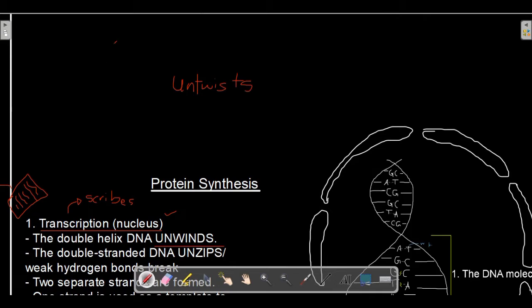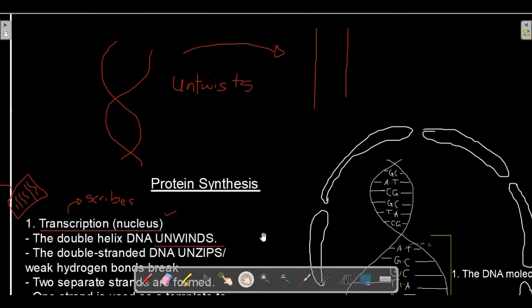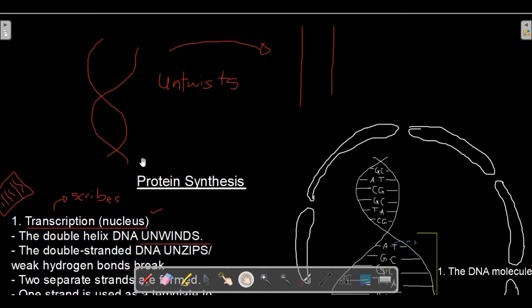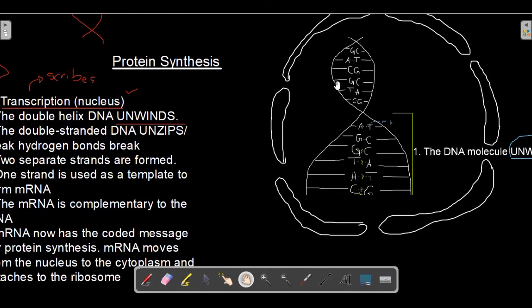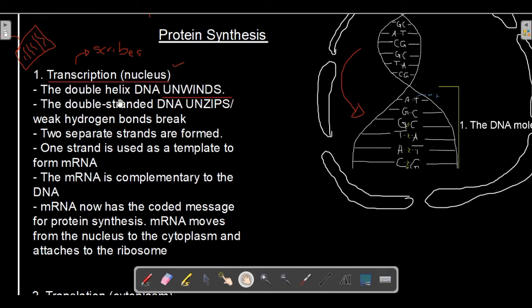Remember, it is a twisted ladder like that, and so it goes from this structure to side by side, like a ladder. So that is what we mean by unwinding. It goes from being twisted into being untwisted. So that's the first step: the double helix DNA unwinds.